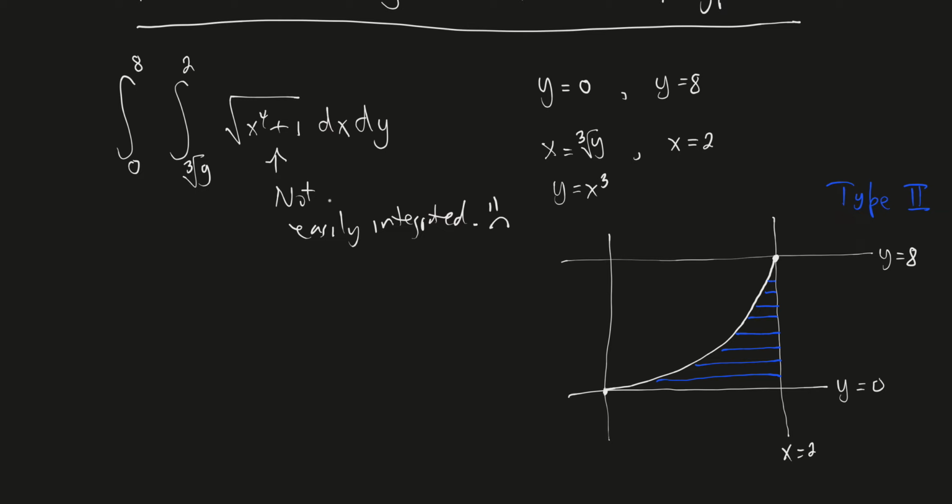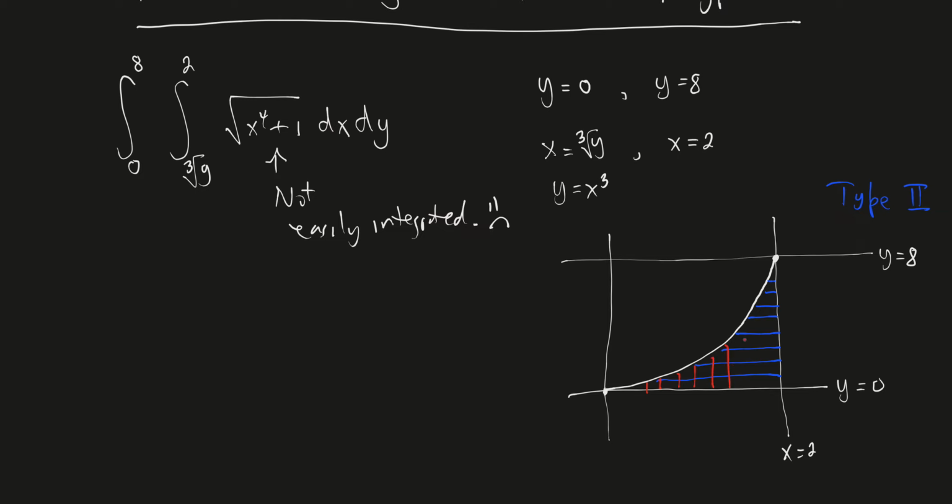But we are persistent, we're stubborn, we're going to find a solution. Here's what we're going to do. This time I'm not going to draw a separate graph. I'm going to keep this graph exactly the same, but instead of thinking of it as a type 2, I'm going to think of it as a type 1. In other words, shade that region vertically.